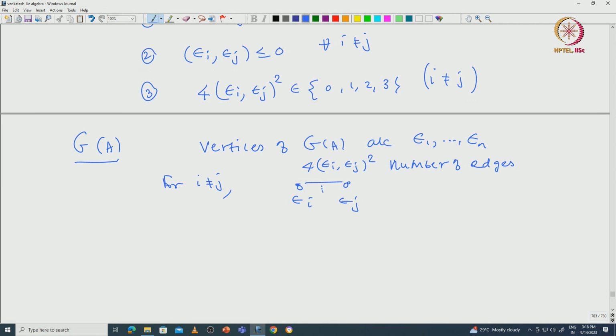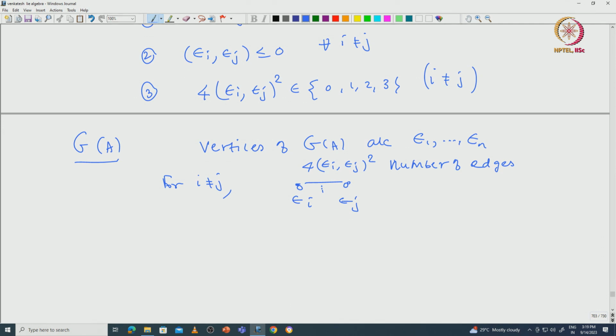What we observed so far is that any subset of an admissible set must be admissible, and if you count the number of unordered pairs of vertices in G of A that are connected by at least one edge, that number must be strictly less than L. We also saw using that G of A cannot have any cycle.